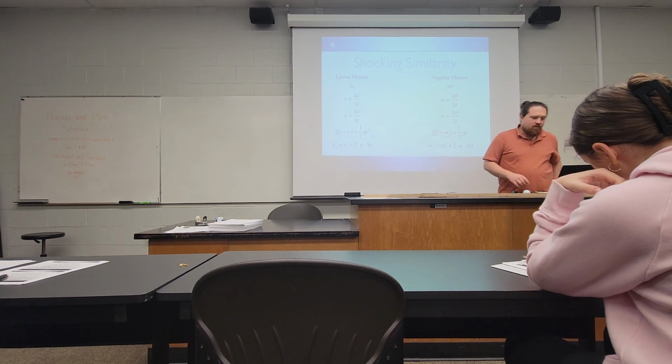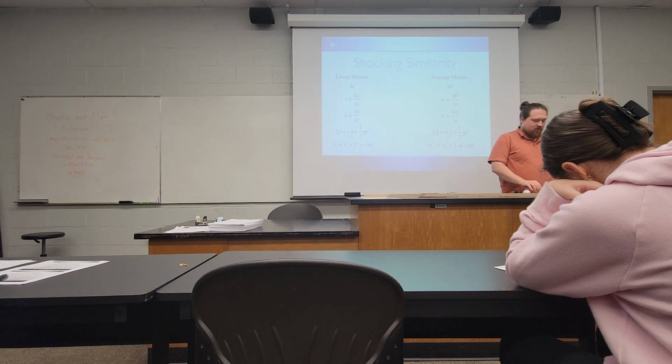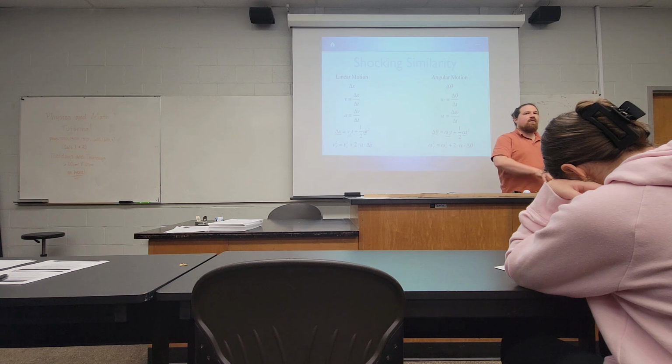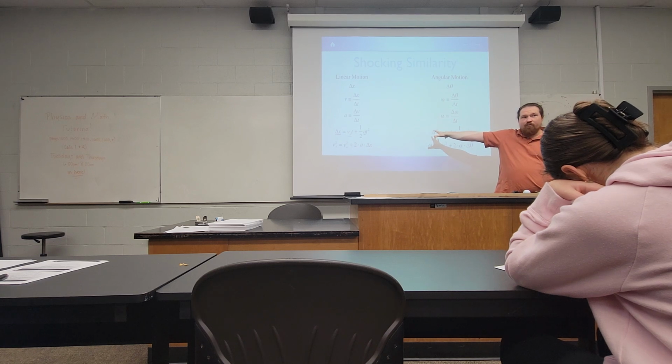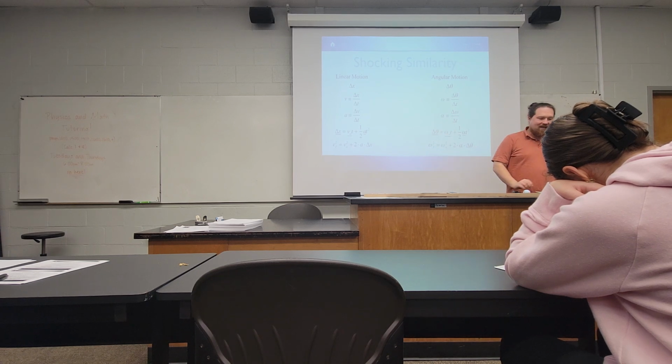And so sometimes it's useful to consider how one form can be turned into the other, how the two directly relate to each other. We've got very similar formulas between linear motion and rotational motion. All the logic between displacement, velocity, and acceleration is still intact.